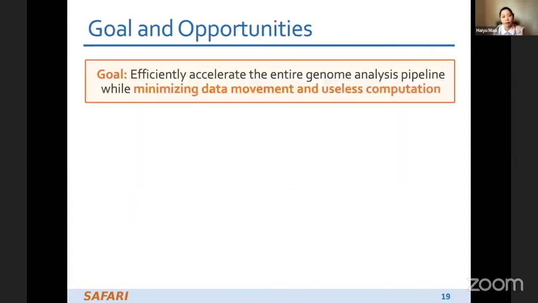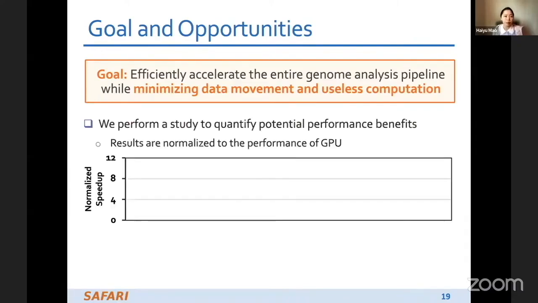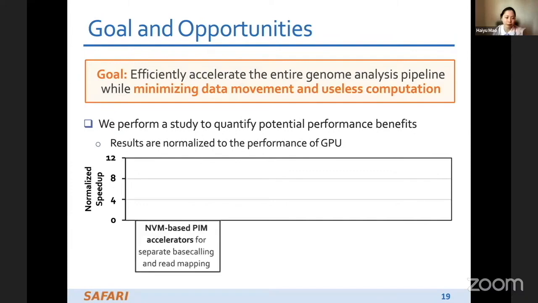Our goal is to efficiently accelerate the entire genome analysis pipeline while minimizing the data movement and the useless computation. We performed a study to quantify potential performance benefits, and the results are normalized to the performance of GPU. Firstly, we analyze NVM-based PIM accelerators for the separate base calling and read mapping steps, which can achieve 2.7 times speedup over GPU.